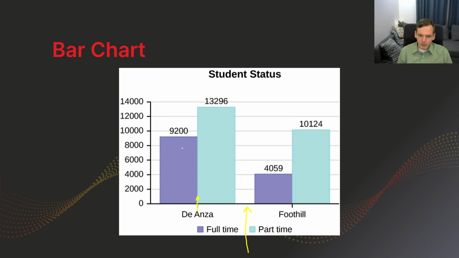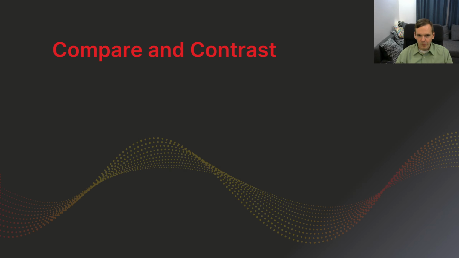But you can see, we can look at this data and see that the bar for full-time De Anza goes up to 9,200, which pretty much matches where you'd expect that on this graph. One that goes up to 13,000 kind of matches where we'd expect. So this is a bar chart.